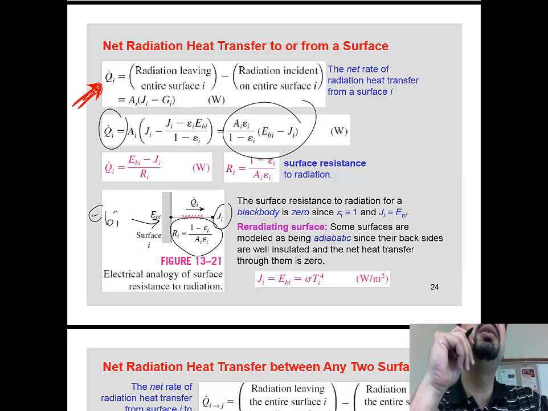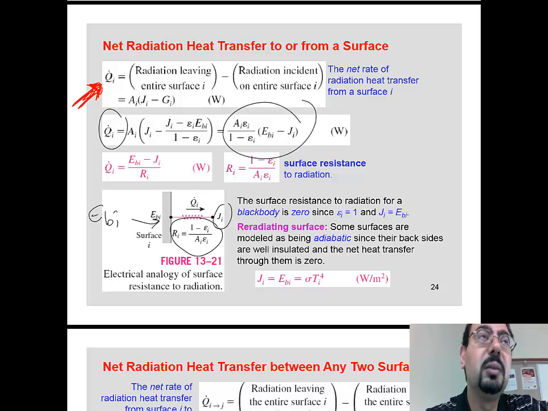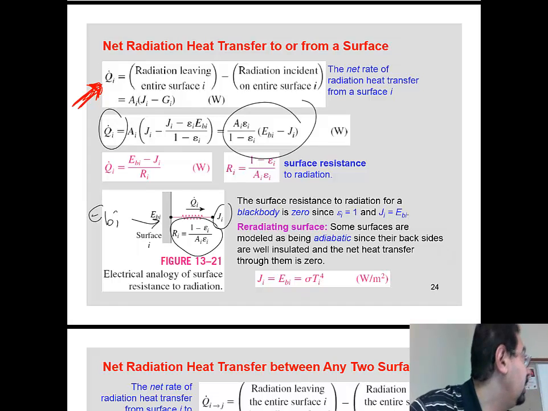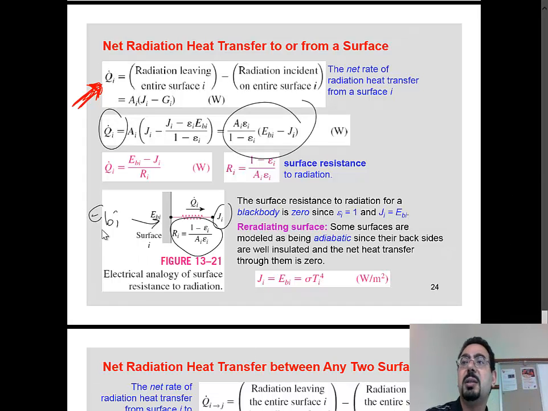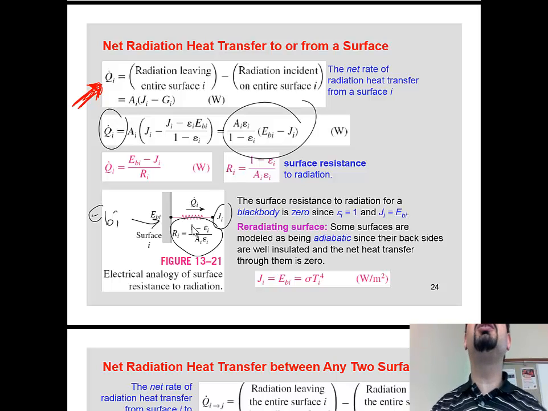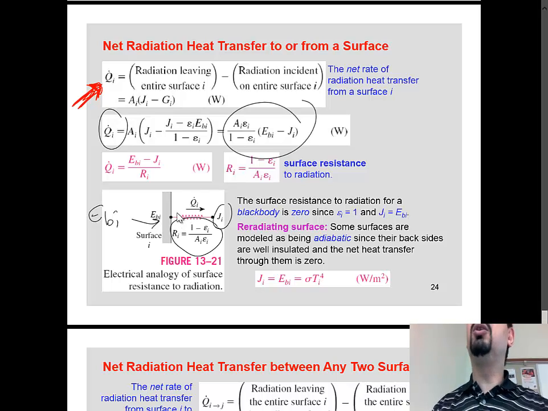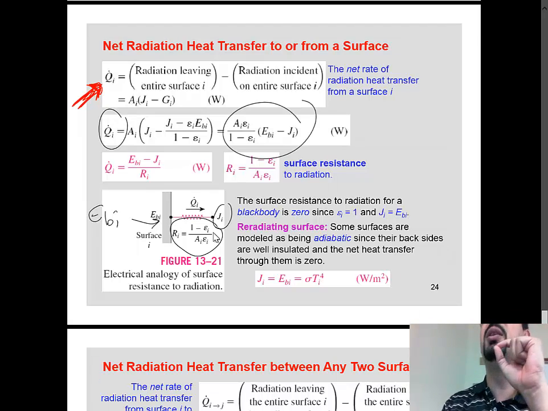If it were a black body, 1 minus epsilon i would be 0. And if this resistance is 0, just like when we neglected the conduction of a copper wall and said that resistance is 0, this temperature is the same as that temperature because there is no resistance between them. The same thing applies here.